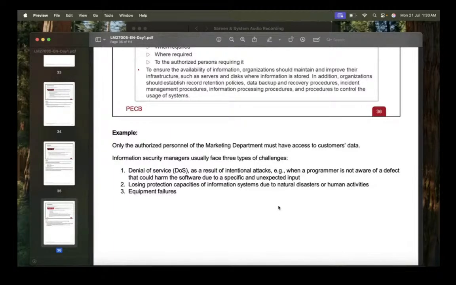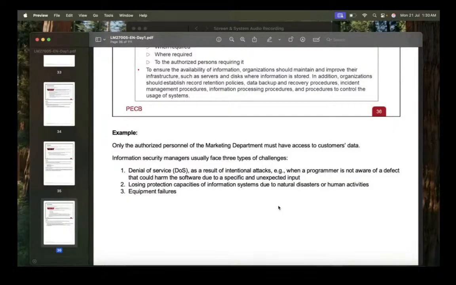So this is where the denial of service happens. Then the next type of challenge is losing the protection capacities of the information system. It happens mostly due to natural disaster or human activities as well, where the authorized personnel or information security managers lose the protection capacities of the information system.